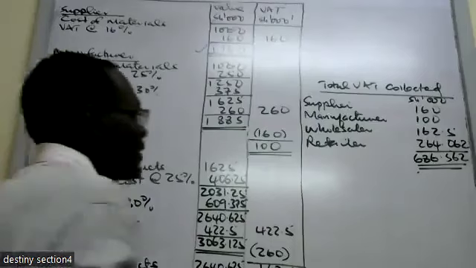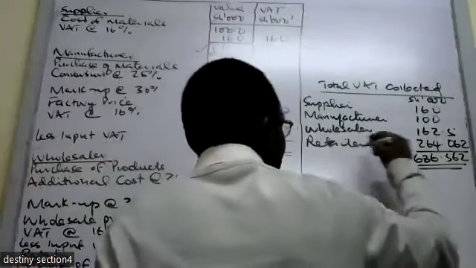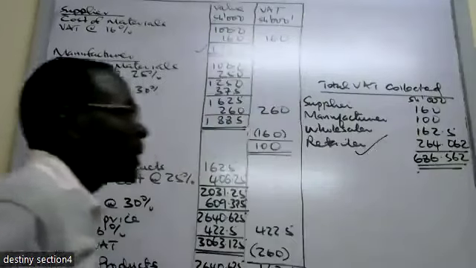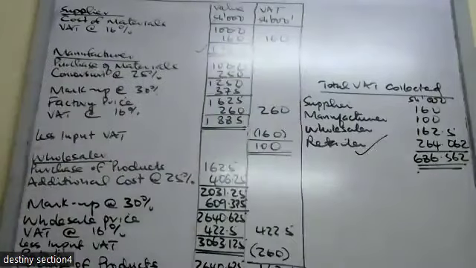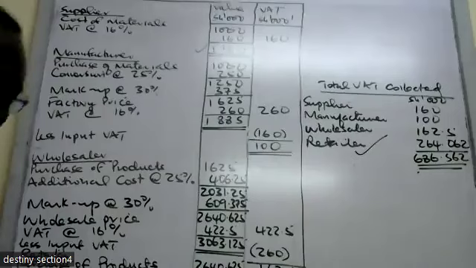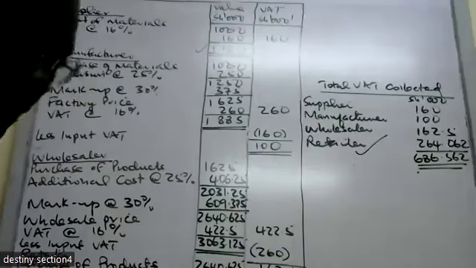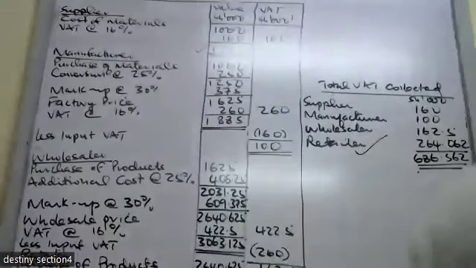Usually, tax is evaded by retailers at the last stage. But even if there was little evasion, the government has 3 other stages to collect, so the amount of revenue lost is minimal. So those are some of the conclusions we can make for this illustration, and then we can look at another illustration.